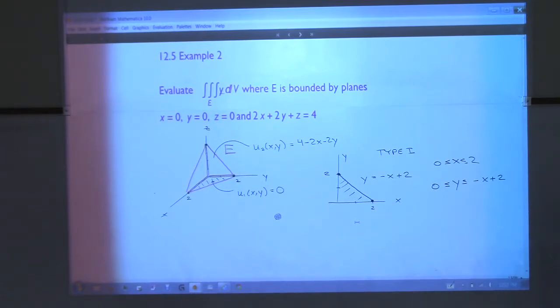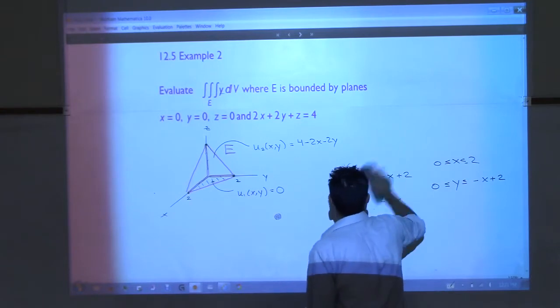All right, I think at this point I'm ready to set up this triple integral. Here it comes.